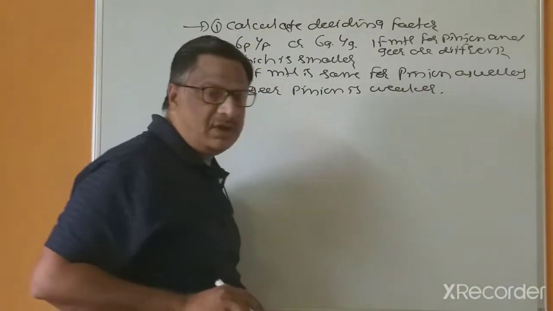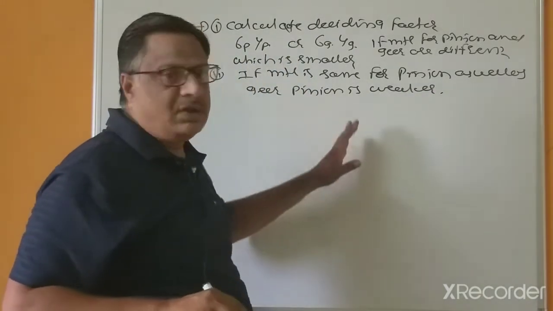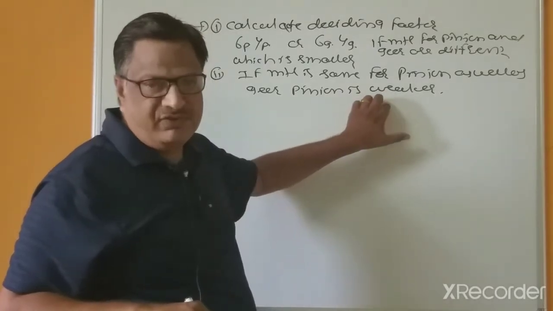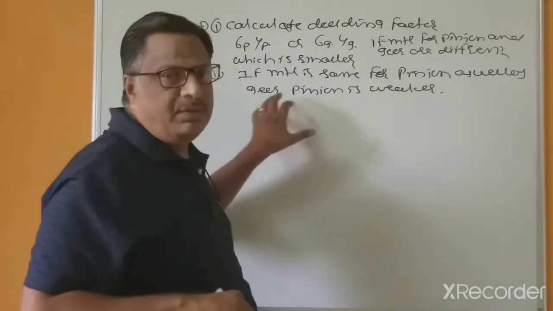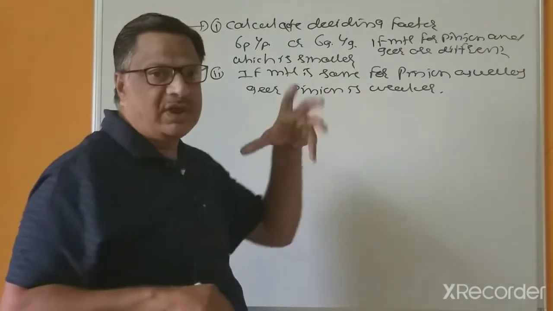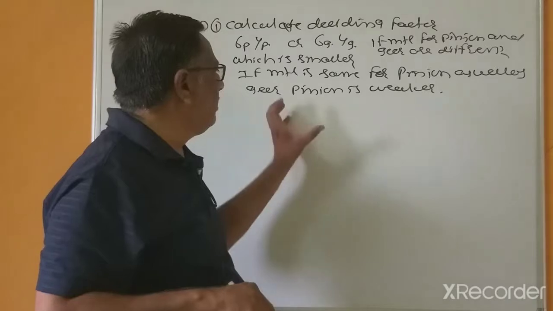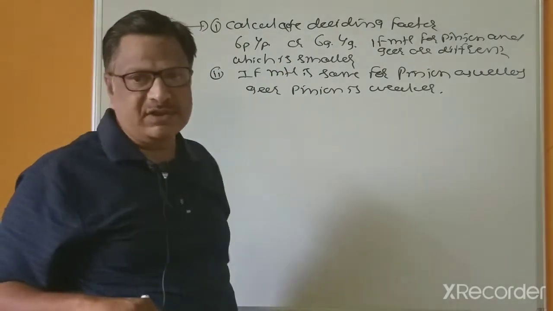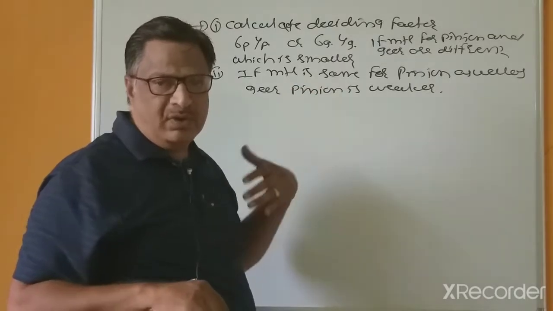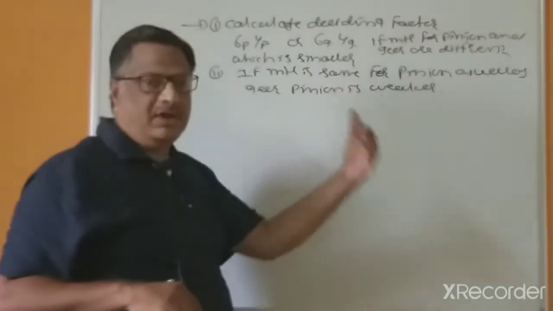Why is the pinion weaker? Because the same torque is acting, and the tangential force acts on the pinion, because the size of the pinion is small as compared to the size of the gear. So that's why the pinion becomes weaker as compared to the gear.